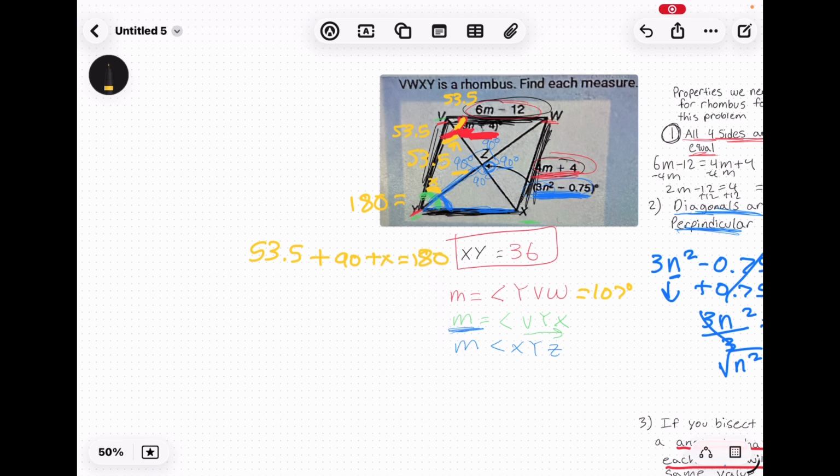And if I do that math, that would be 143.5 plus x equals 180. And then 180 minus 143.5, that would equal 36.5.